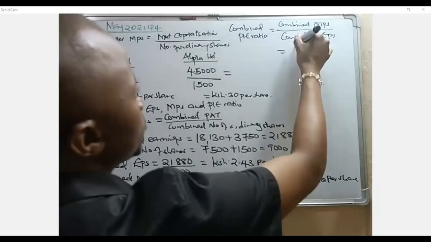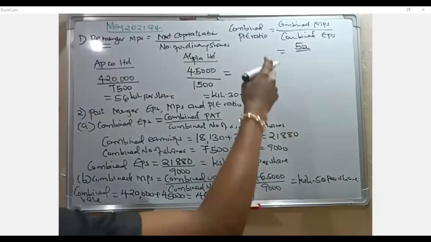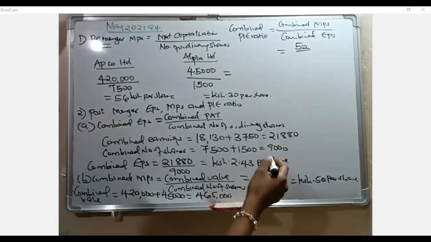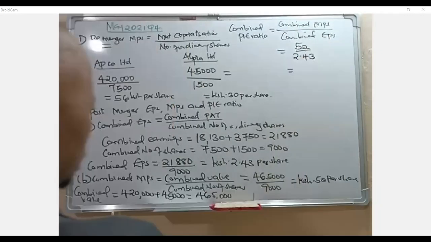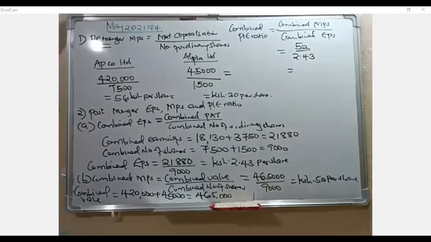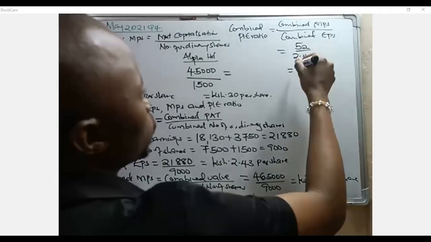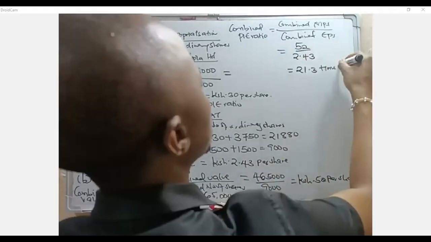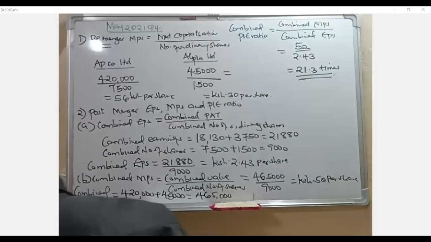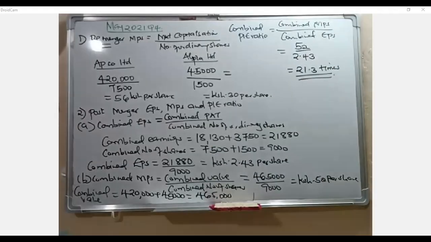You divide by the combined earnings per share, which we have already gotten: 2.43. How much are we getting? I just divide on my calculator by 2.43, and I'm getting 21.3 times. I think even when you see the approach of the question, nothing is hard there.